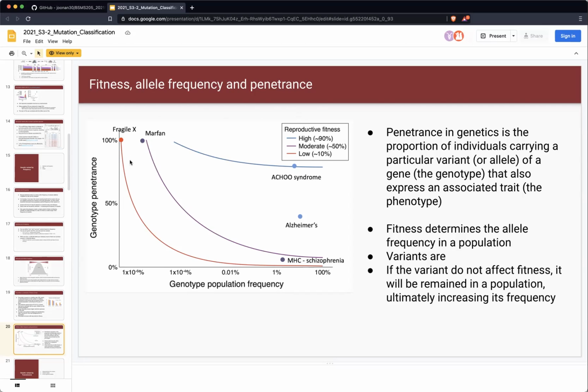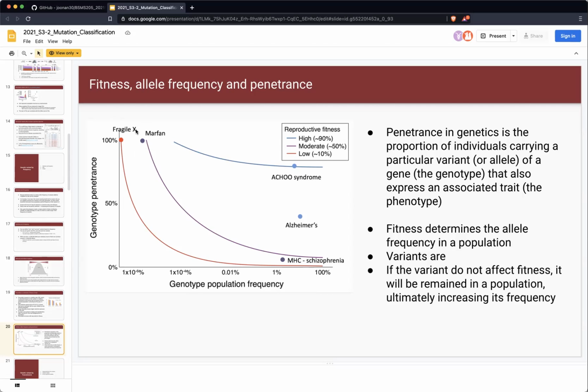But in this case, Marfan syndrome also has a mutation in one gene, right? And that gene can cause the disease, which means the mutation has to do something, right? So that means the mutation in Marfan syndrome also has high penetrance. In other words, that is the same situation as in Fragile X too, right?